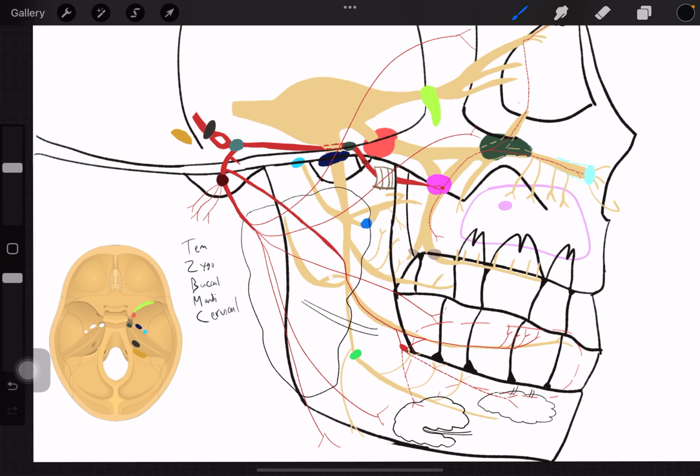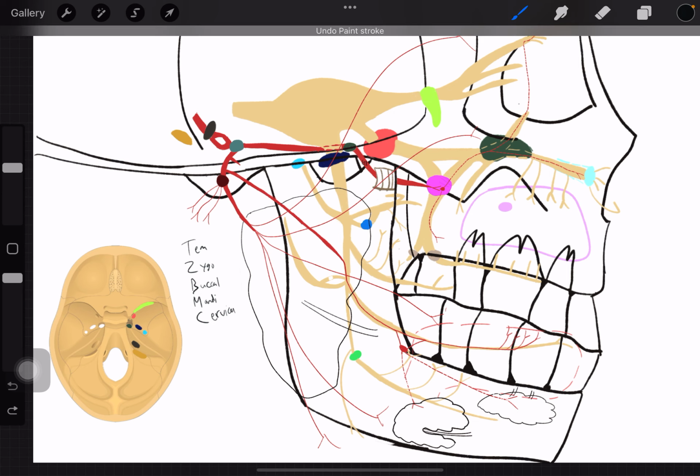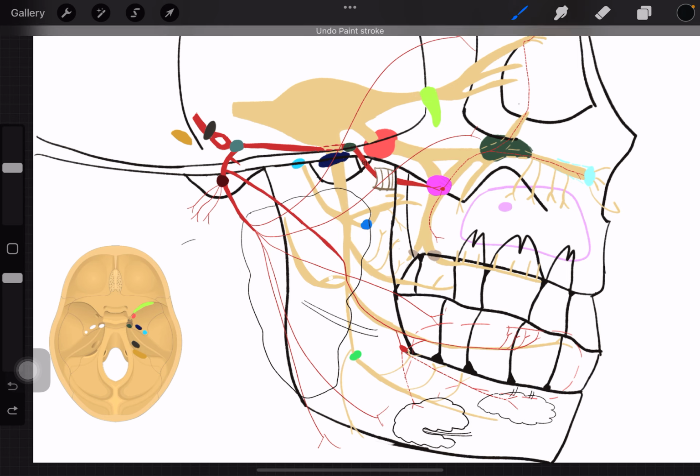I tried to draw them as accurately as I could, but honestly, where each branch goes doesn't really matter. Just know that they all innervate the muscles of facial expression. For example, the cervical one would probably innervate the platysma.